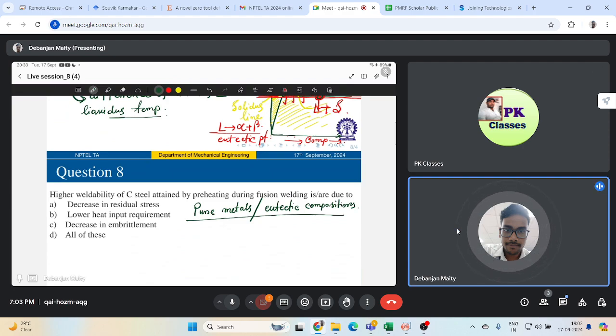What did I tell for eutectic composition? That will solidify at a single temperature. There will be no range of temperature where they will solidify, right? Solidification is done at a fixed temperature.